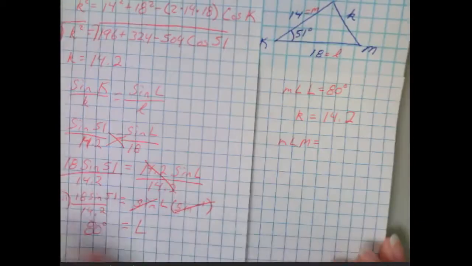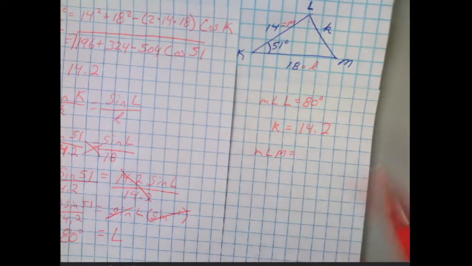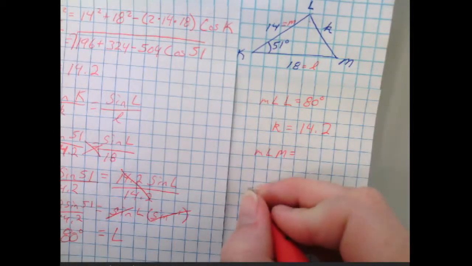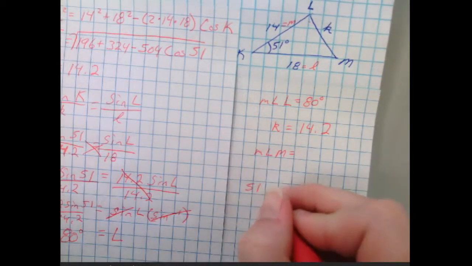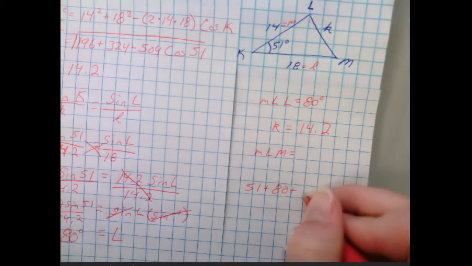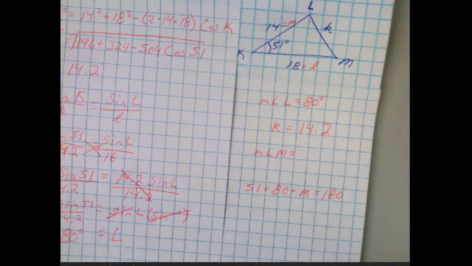Then to find the last one, which is angle M, I'm not going to use law of sines or cosines. I'm going to use that third angle theorem. So we have angle K is 51 plus angle L is 80 plus angle M should give me 180.